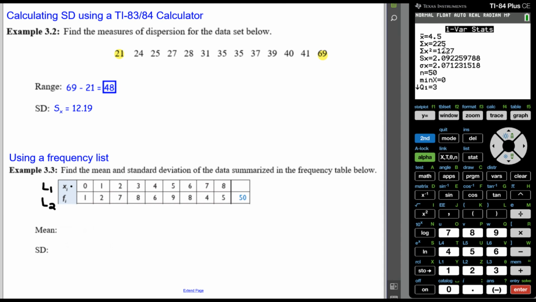Now when I press calculate, I will get the mean, or the arithmetic average, and the standard deviation of the data set reported here. So I can enter that in my table. So I have a mean of 4.5 and a standard deviation of, oh, that should be 2.09. That is a typo. Should be 2.09.